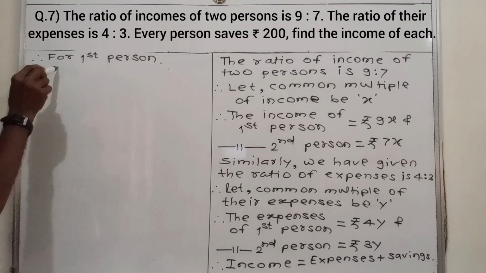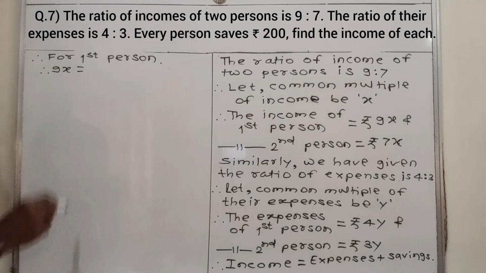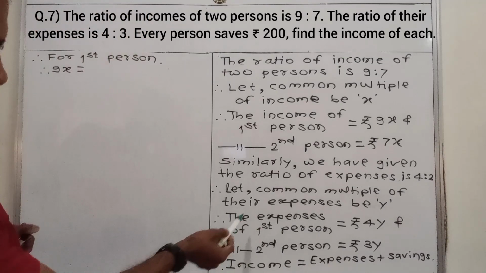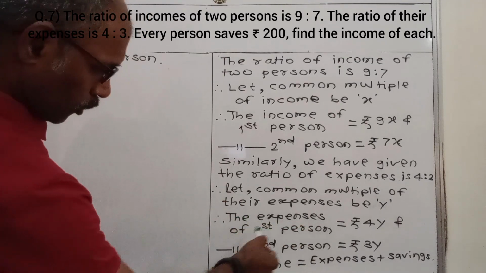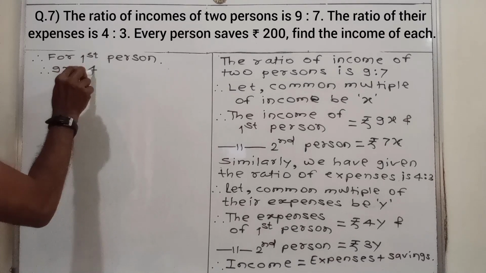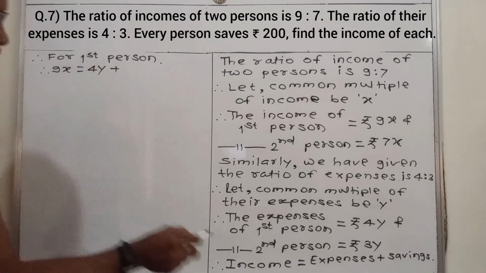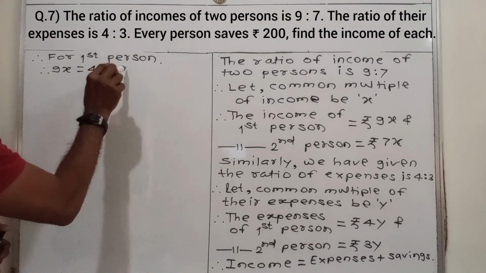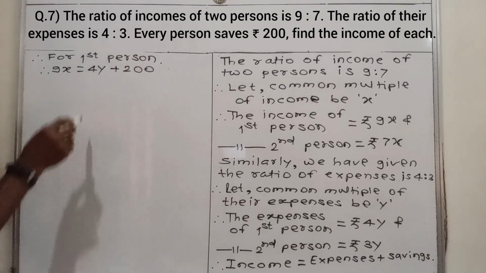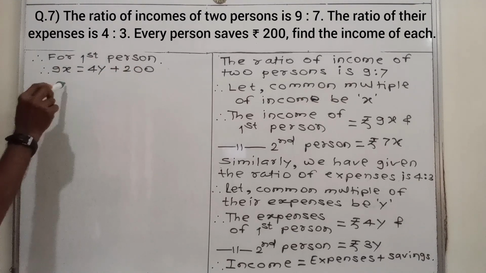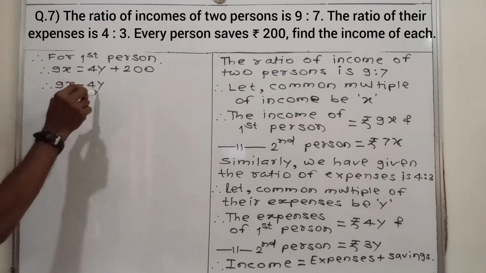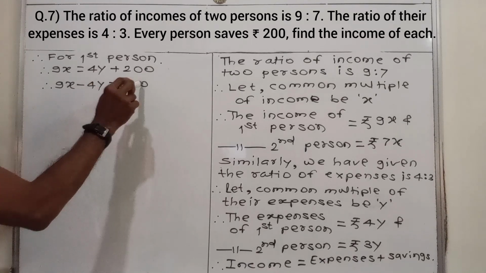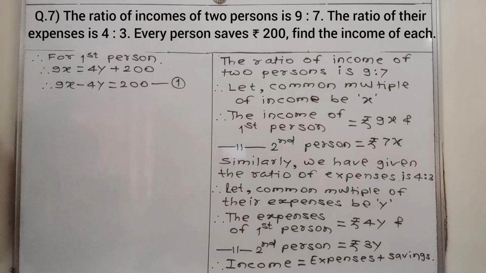So 9x income of first person, expenses of first person 4y plus savings of first person. Each person saves rupees 200. Did you get it? Now take this 4y to left side, plus becomes minus, is equal to 200, this is our equation number 1.